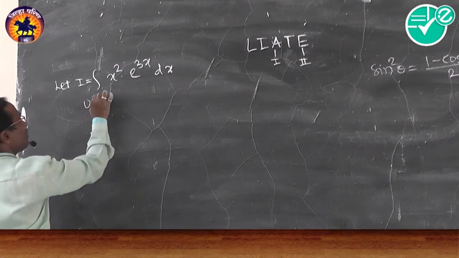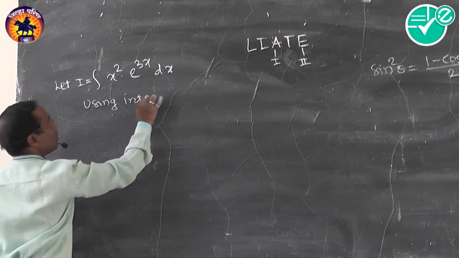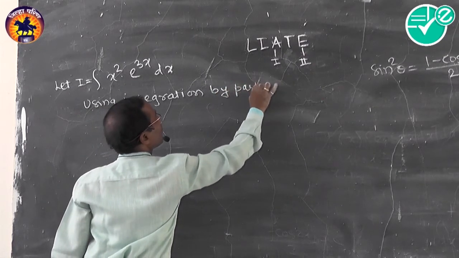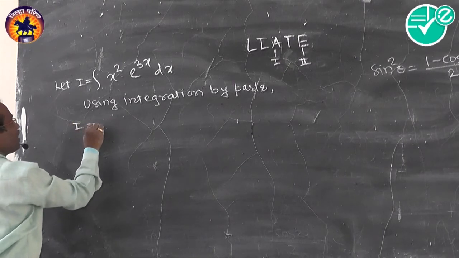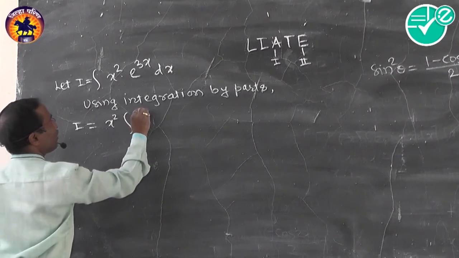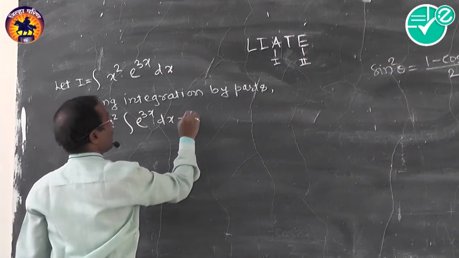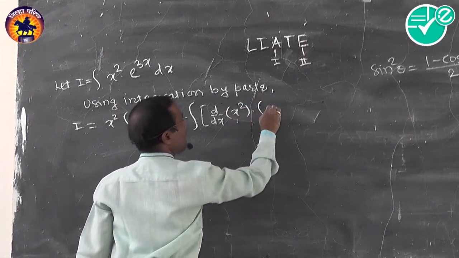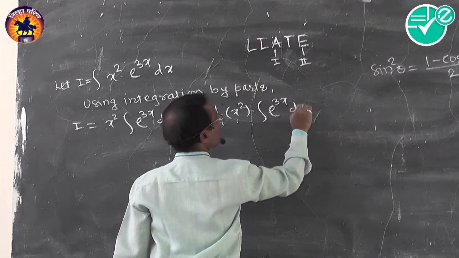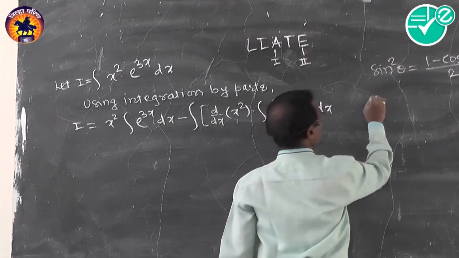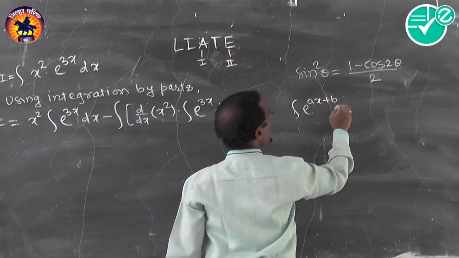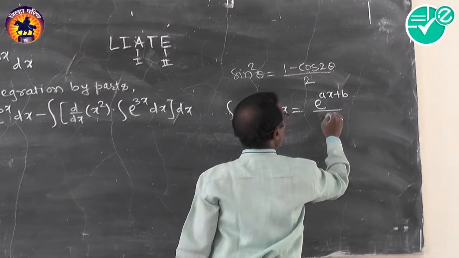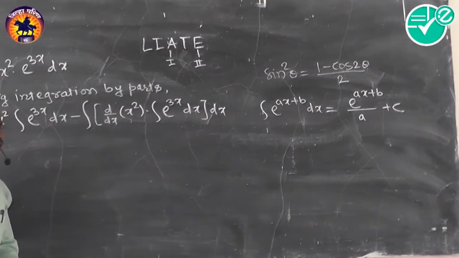Now using integration by parts, I is equal to, first as it is, integral of second dx minus integral of derivative of first into integral of second with respect to x, and integral of e to the power ax plus b dx is e raised to ax plus b divided by a plus c.